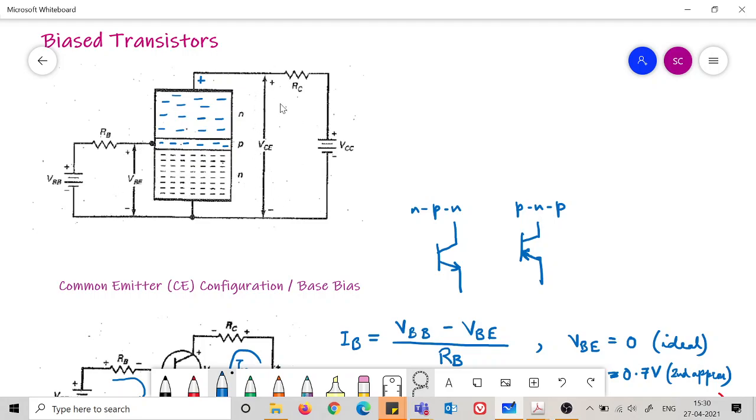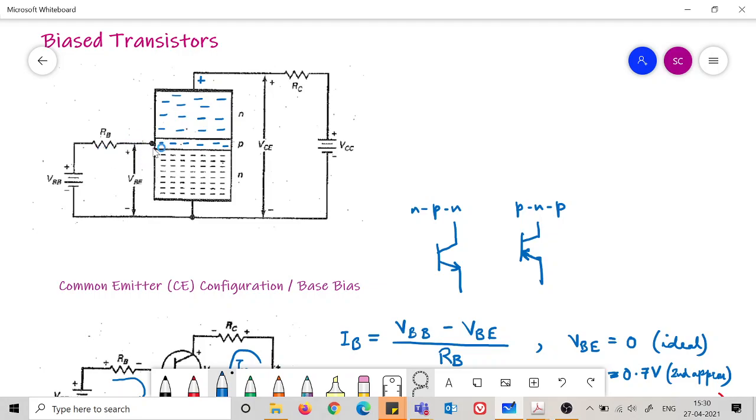There is a base loop and a collector loop. We wish to pass the maximum current in the collector loop and very small current in the base loop. In any case, the base current is quite small because most of the majority carriers will pass into the collector and very few will come in this direction.